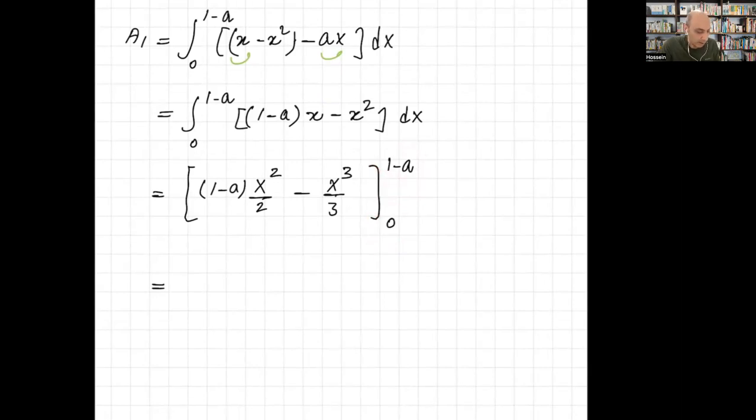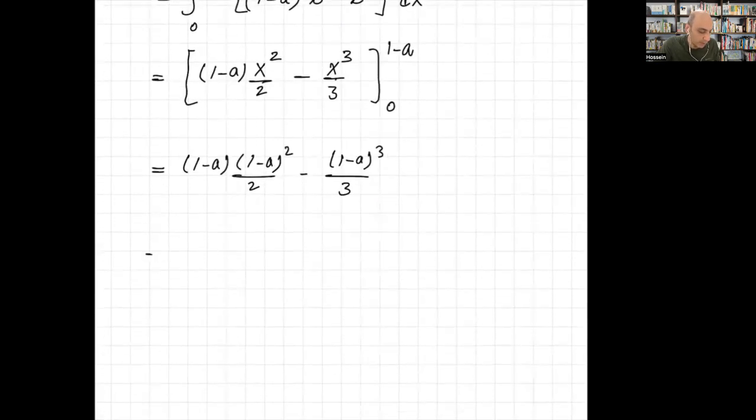So I'm going to have 1 minus a times 1 minus a squared divided by 2, minus 1 minus a cubed divided by 3. And then if I do the multiplication for the first term, I'm going to have 1 minus a cubed divided by 2 minus 1 minus a cubed divided by 3.